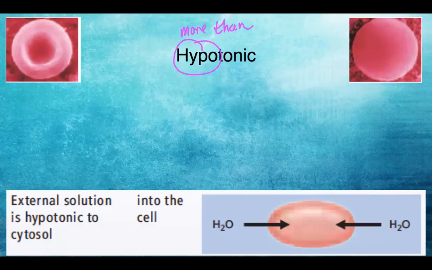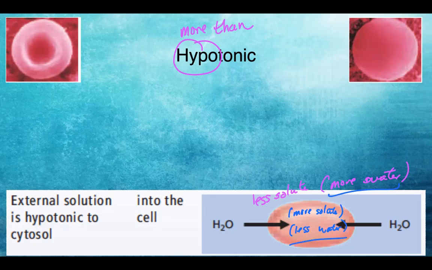That means that outside the cell, there is less solute, more water, because it's going to get confusing if we talk about concentration. And then inside is more solute, which means less water. So if you have more water to less water, water is going to move into the cell and you're going to have something called plasmolysis, which means that the red blood cell is going to explode.